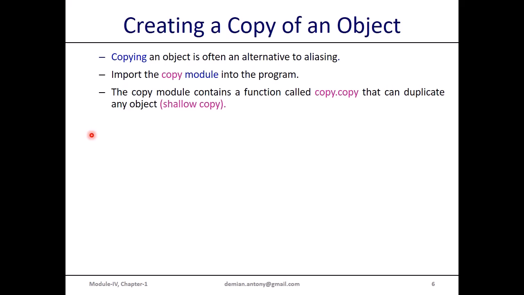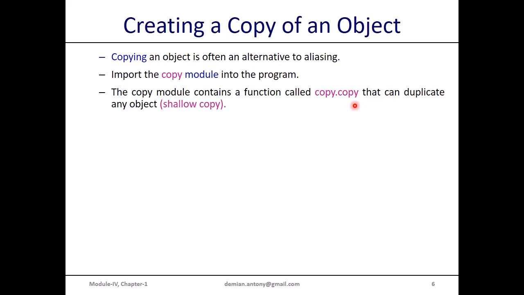To avoid this problem, Python provides a second option, the use of the copy module, and we will see how the copy module can be used to create a copy of an object. Not only a single object, we can create multiple objects. And the first function that we have in this copy module is called copy.copy, which creates a duplicate of an object.